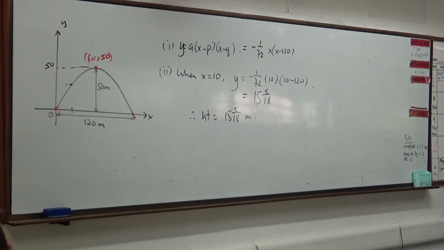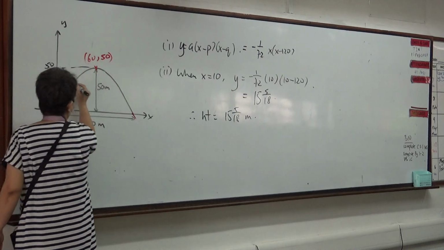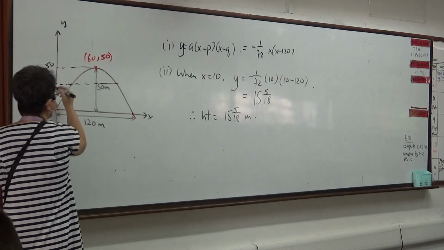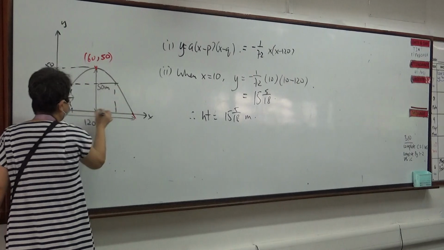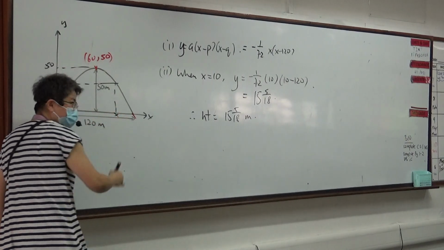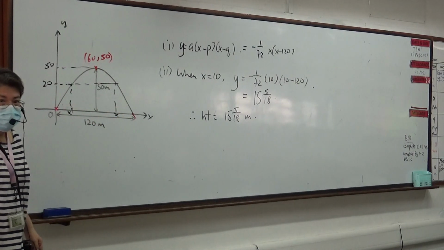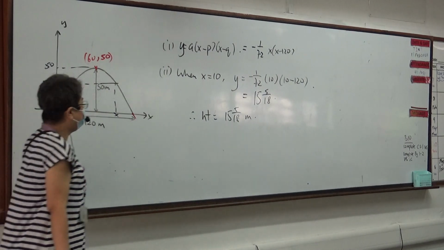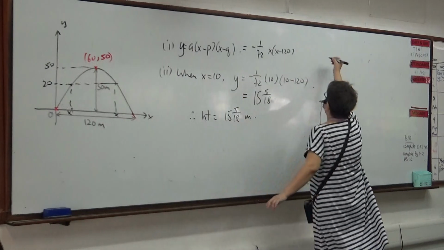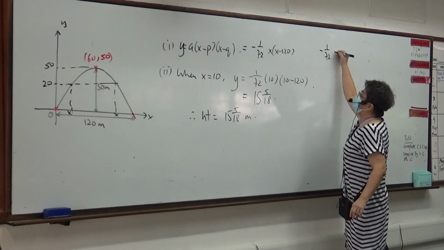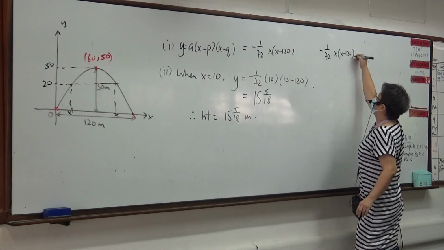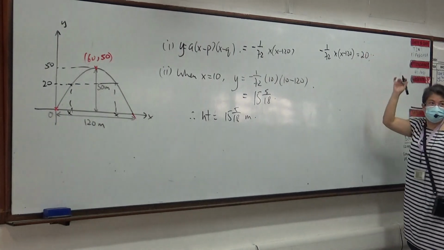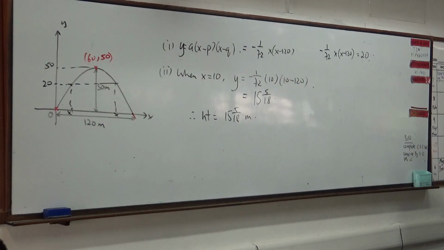I have a point that is 20 meters above. I will get 2 x values, right? Agree or not? Okay, now I have to equate this. Negative 1 over 72 x squared minus 120 must be equal to 20, correct? The height is 20, and I'll get 2 x values, right?